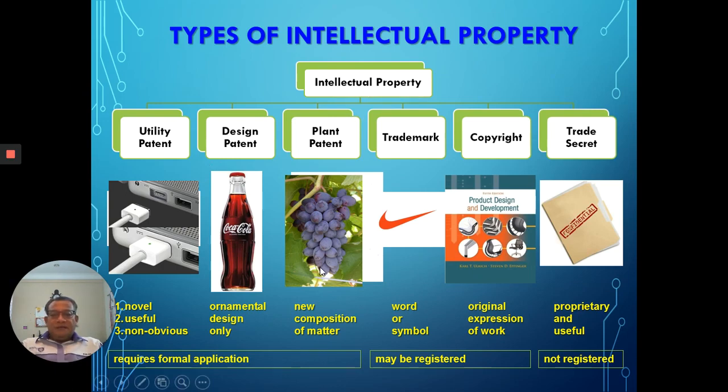It could be genetically engineered without seed. It becomes seedless grapes, and it is a patented type of plant. So this is under the category of new composition of matter or new composition of species of plants.